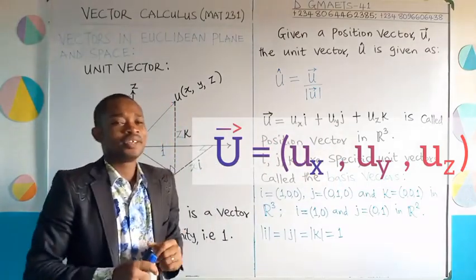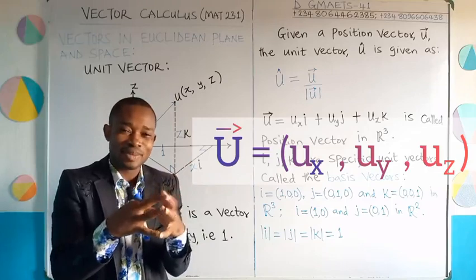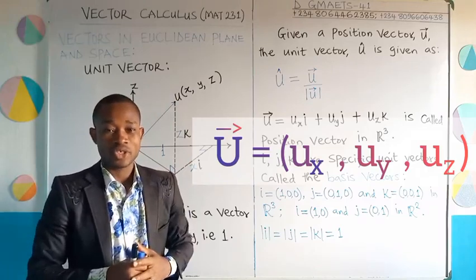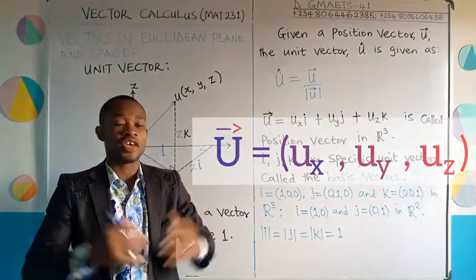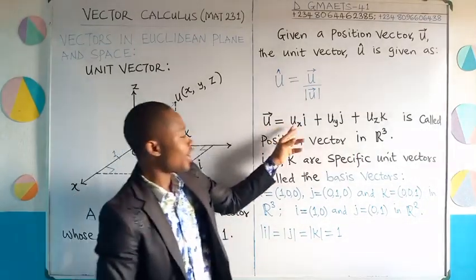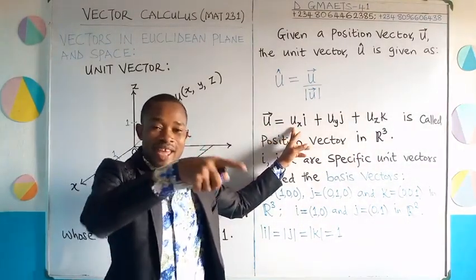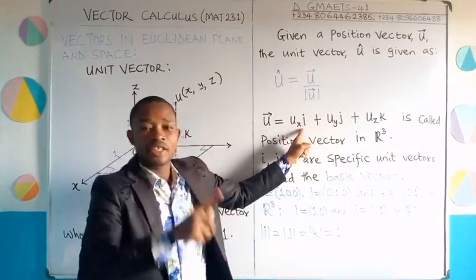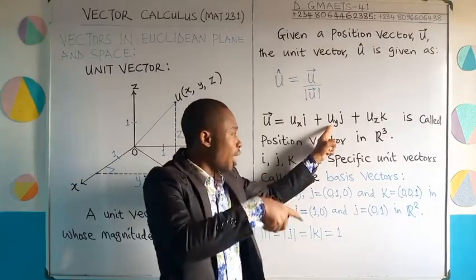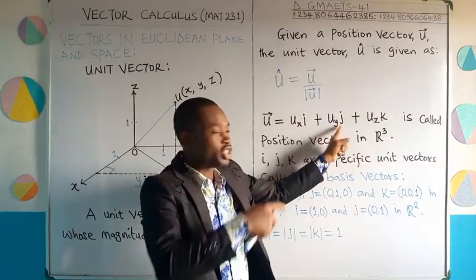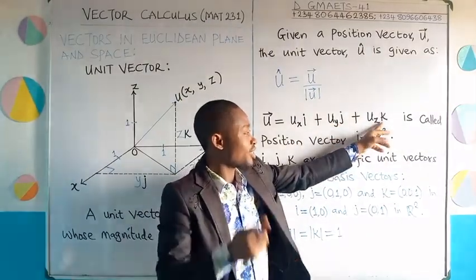Now, if you want to combine these scalar components of this vector, you have to introduce these specific vectors i, j, k. So once you multiply the vector value in x direction by i, it gives you room to add it to the vector value in y direction. You multiply by j plus u_z, then times what?